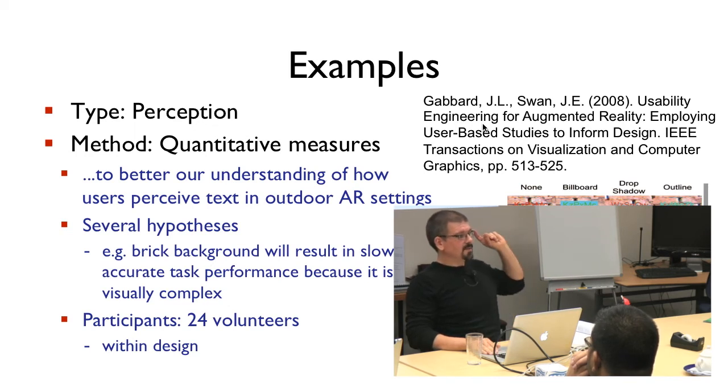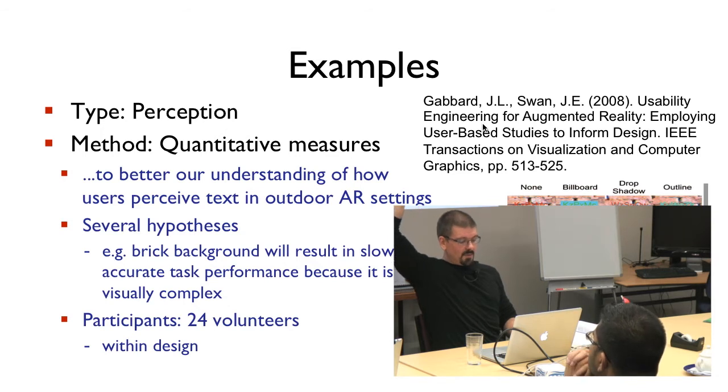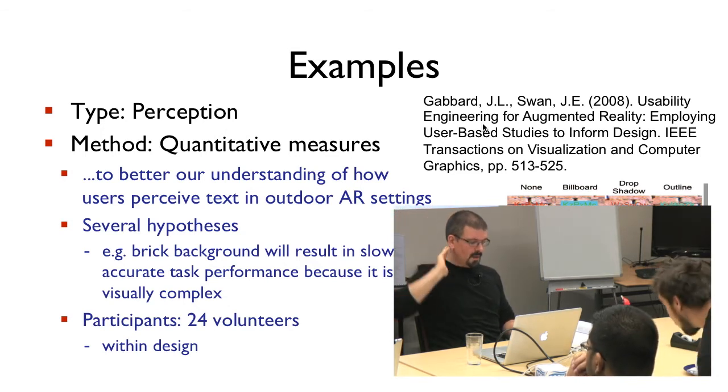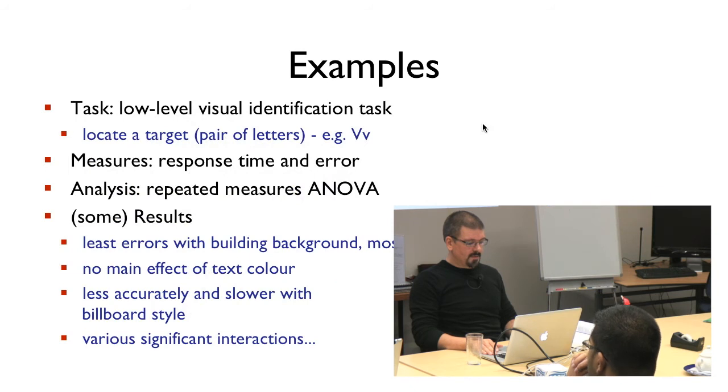Those guys had different displays and looked at how those display conditions worked for people being able to read text from different backgrounds. They had several hypotheses, and they used quantitative measures.